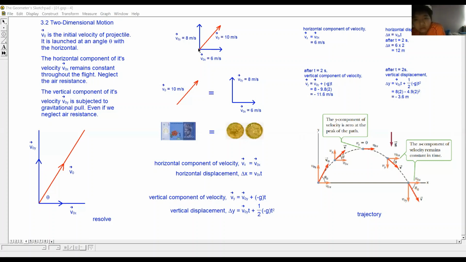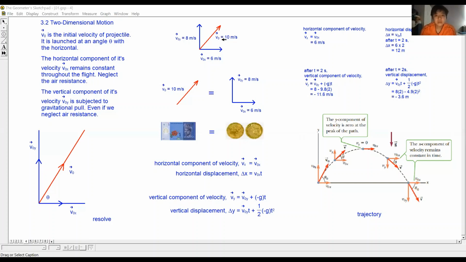Let's say if I were to throw an object at an angle with the horizontal, and the velocity as the ball or the shot put leaves my hand is 10 meter per second.